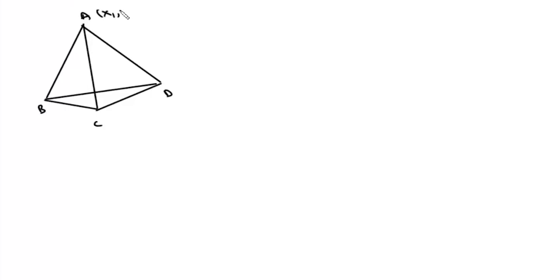And if we have a tetrahedron, say ABCD, then suppose this is x1, y1, z1, x2, y2, z2, x3, y3, z3 and x4, y4 and z4.